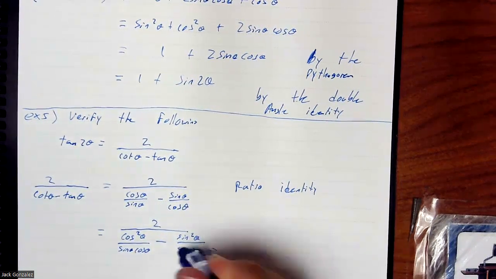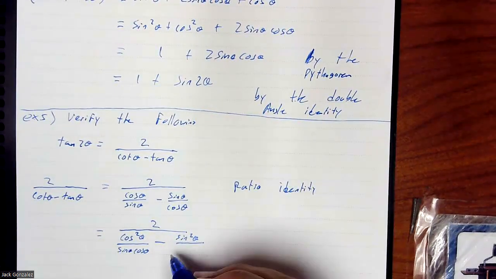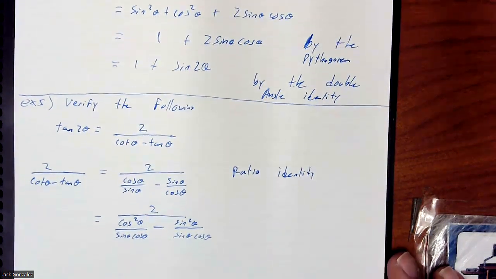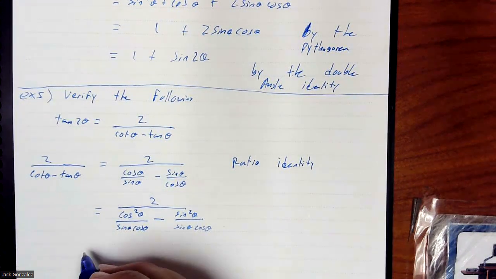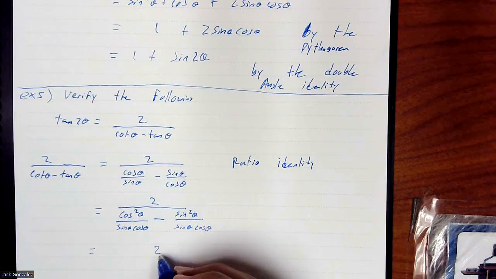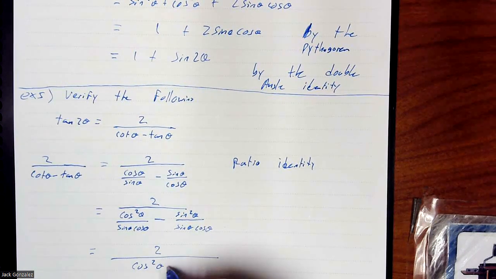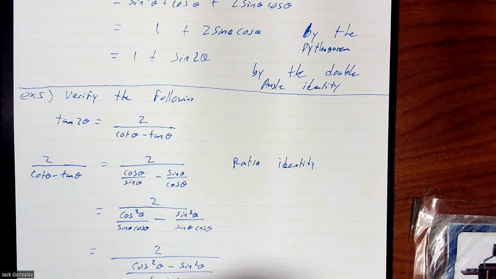Skip the fraction step. Do you see how we get here? Is that okay? So combine those two there. You'll end up with 2 over cosine squared theta minus sine squared theta over sine cosine.